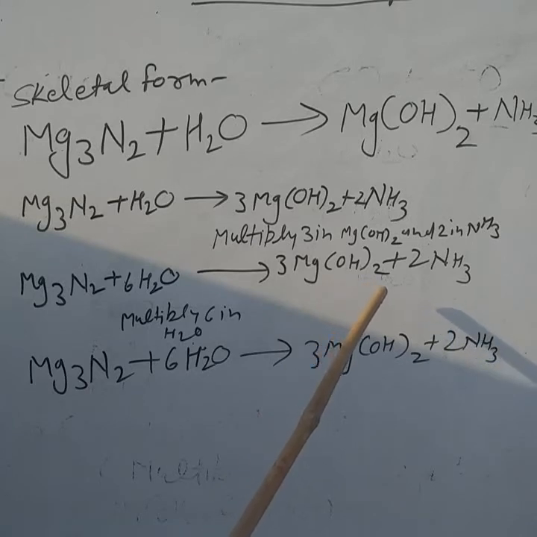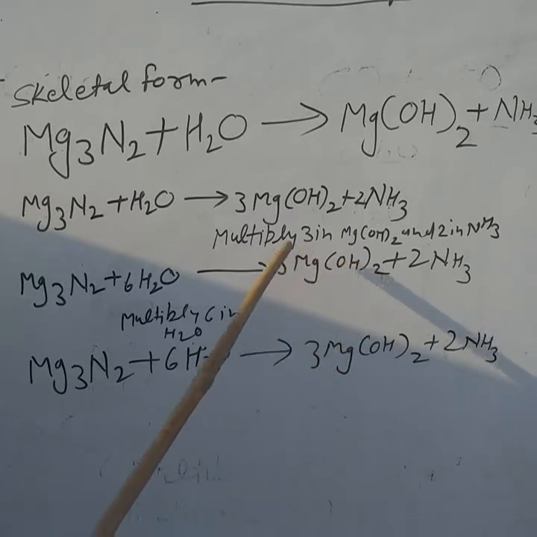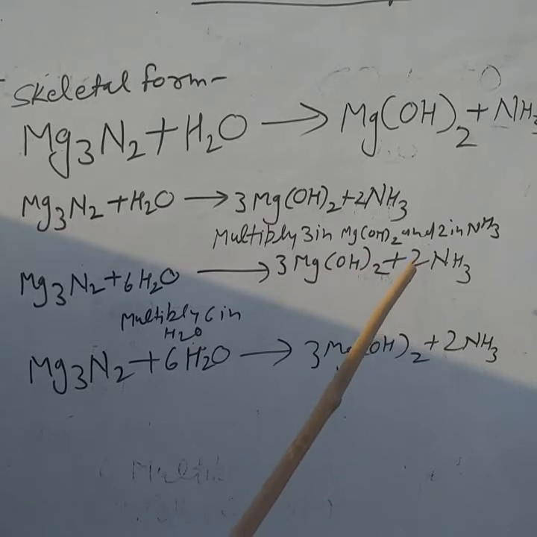So here the number of hydrogen is 6 and 6, 12 in number. So multiply H2O on the right side by 6. So the number of hydrogen is also balanced. In this last step, all elements in the equation are balanced. So this reaction is called a balanced reaction.